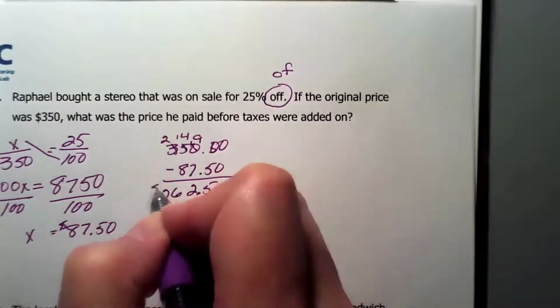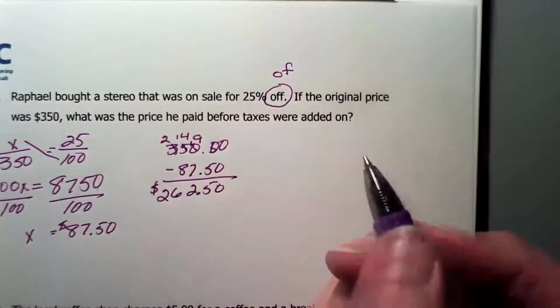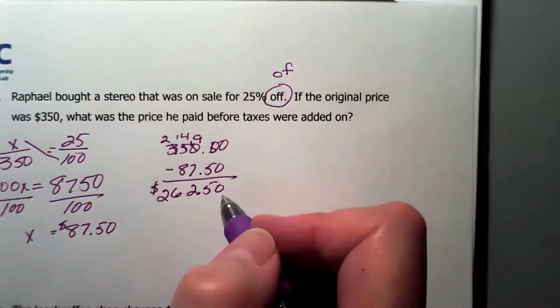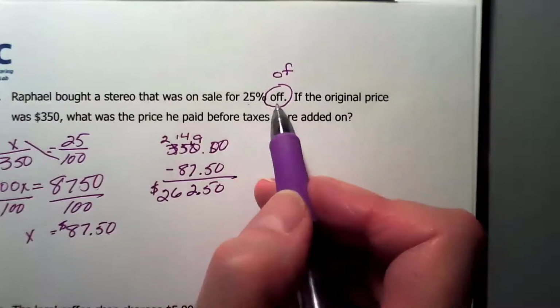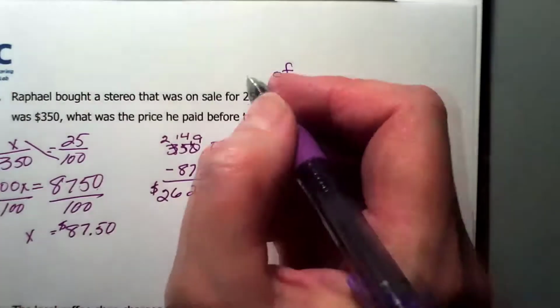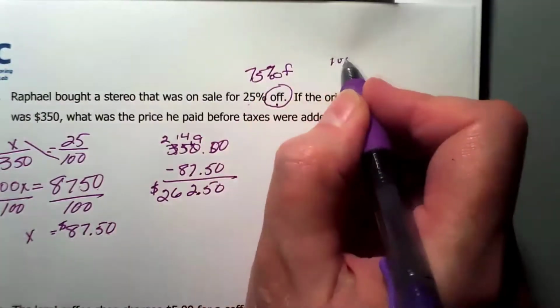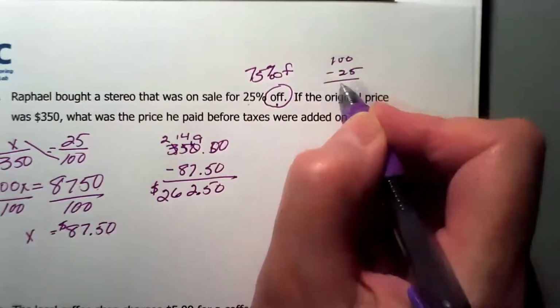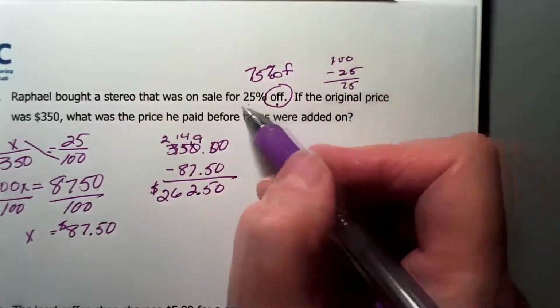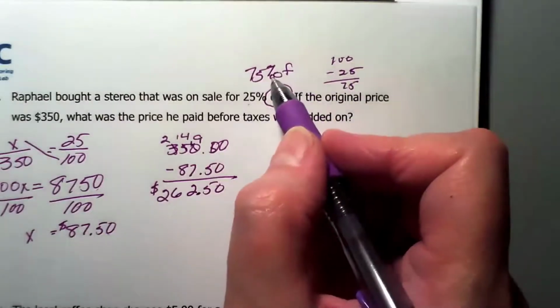Get $262.50. The other way you could do this is if it's 25% off, that means he's paying 75% of, because 100 minus 25 is 75. So if it's 25% off, it's 75% of.